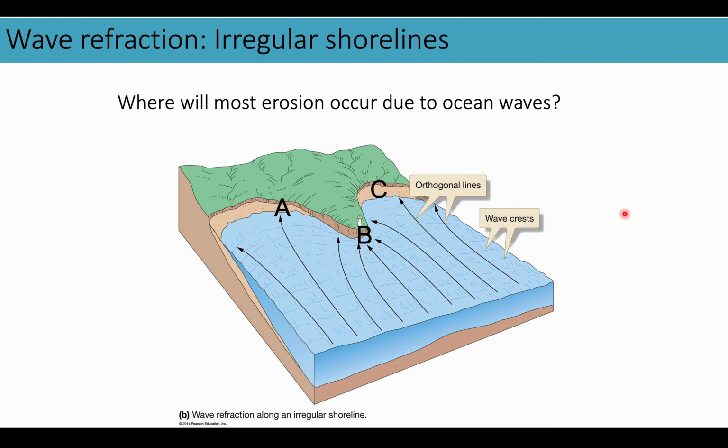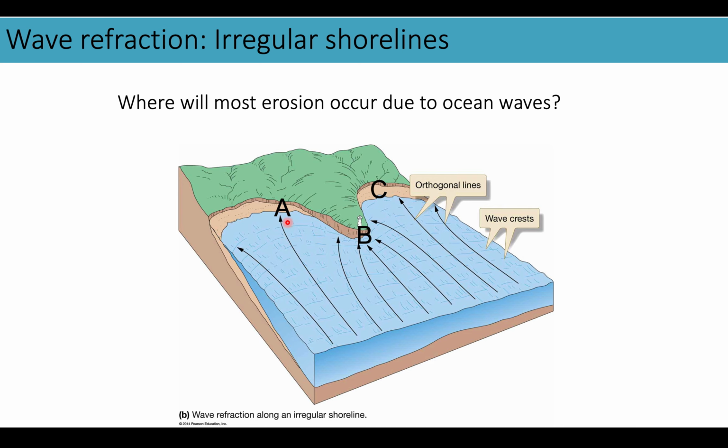So the most erosion is going to occur where we have the most concentrated wave power, which would be at B. As we approach, this would be called the headland of this coastline. We see that the most wave power is going to be refracted towards this headland, this little peninsula sticking out. You'll also notice in this diagram that this peninsula is a cliffside, showing that there has been quite a bit of erosion along those cliffs.